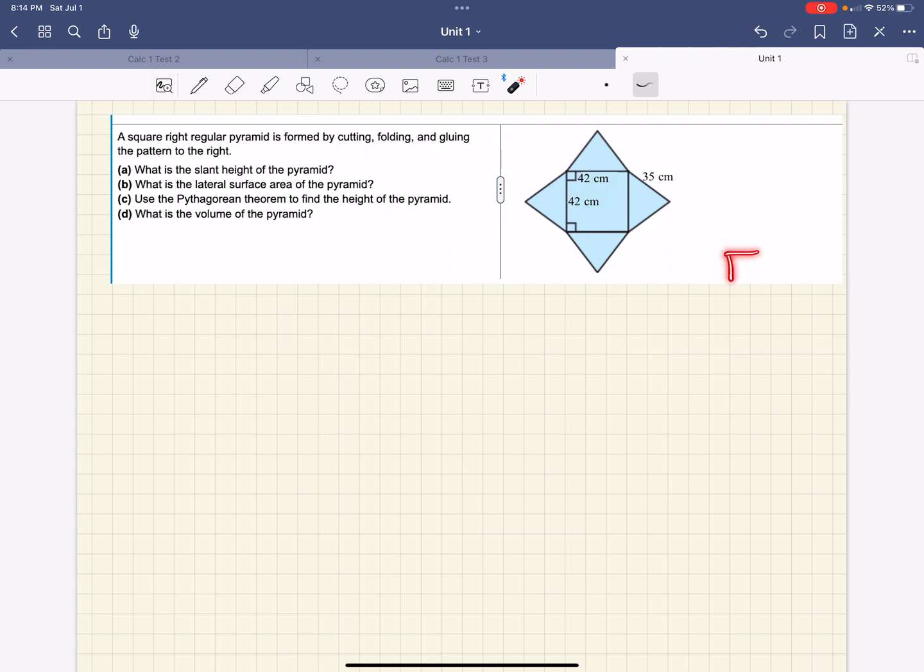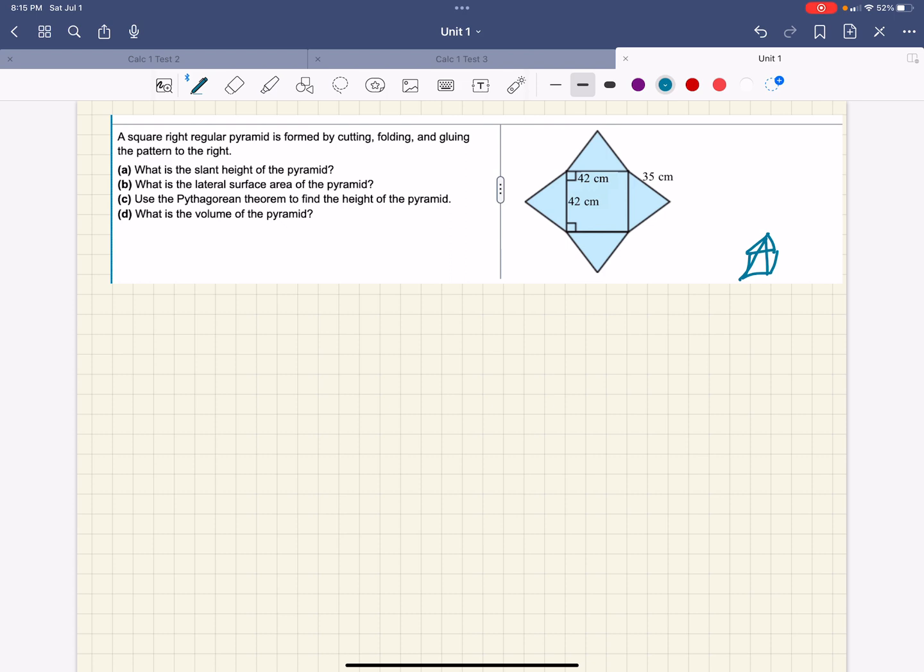So you've got a pyramid with a base that's a square, and that's what the pyramid looks like. And I do not do a great job drawing pyramids. Let me see if I can. So we have a square, and then they all kind of go to that point right there.